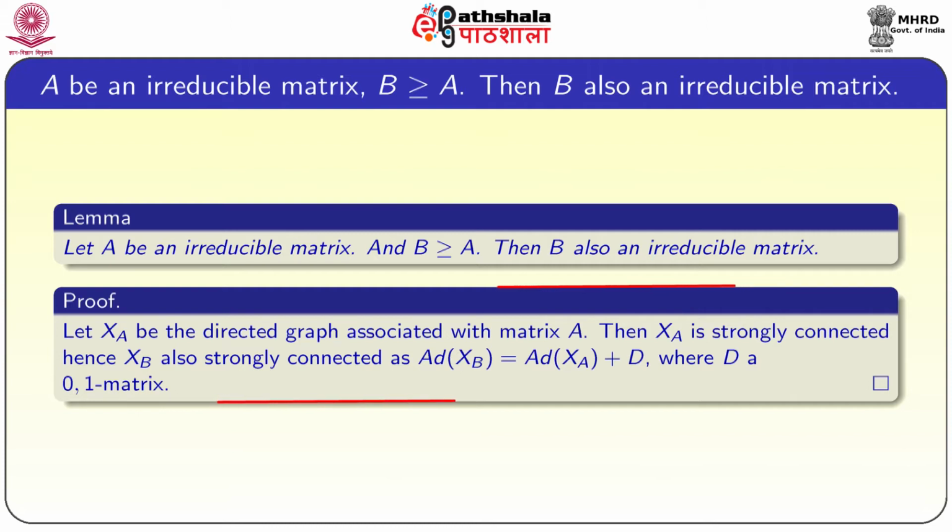Hence, XB is also strongly connected, as the adjacency matrix of XB is equal to the adjacency matrix of XA plus D. Since B is greater than or equal to A, every entry in B is greater than or equal to every entry in A. So, we can write B equal to A plus D, or the adjacency matrix of XB equal to the adjacency matrix of XA plus D, where D is a 0-1 matrix. So, hence the result follows.